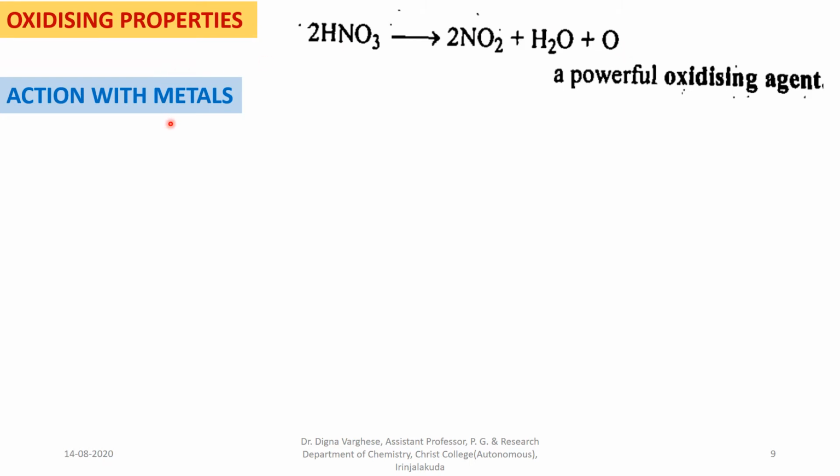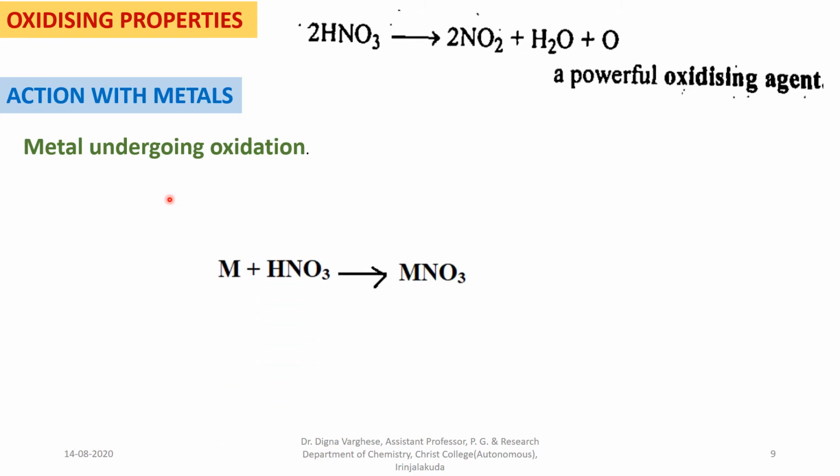Concentrated nitric acid oxidizes most metals except noble metals such as gold and platinum. The product of the reduction of nitric acid also depends upon the concentration of the acid.